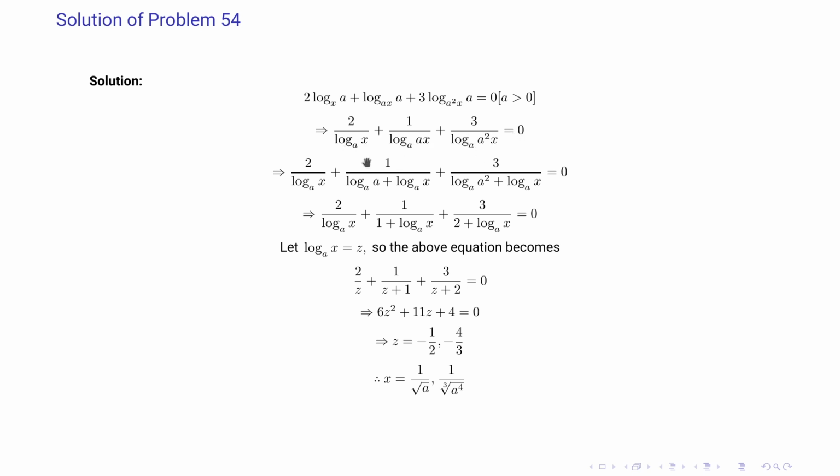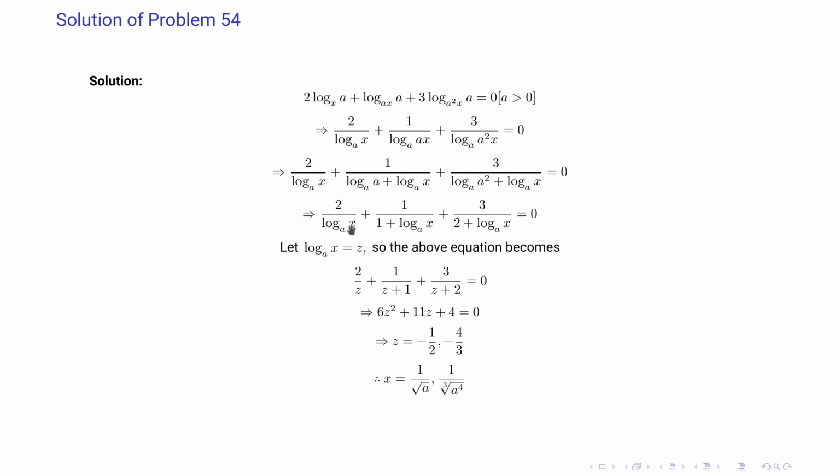So then we expand this, we get 2 by log of x with base a plus 1 by log of a plus log of x with base a, and a squared x becomes log of a squared with base a plus log of x with base a, and 3 remains in the numerator. So then we write log of a with base a as 1, and here it will become 2. So we have this.